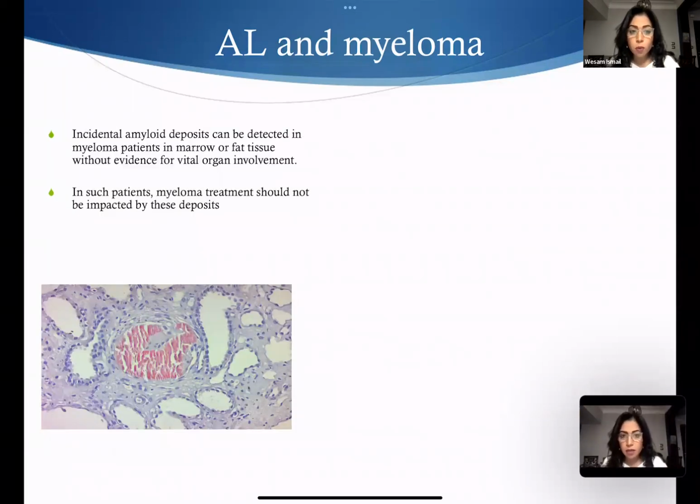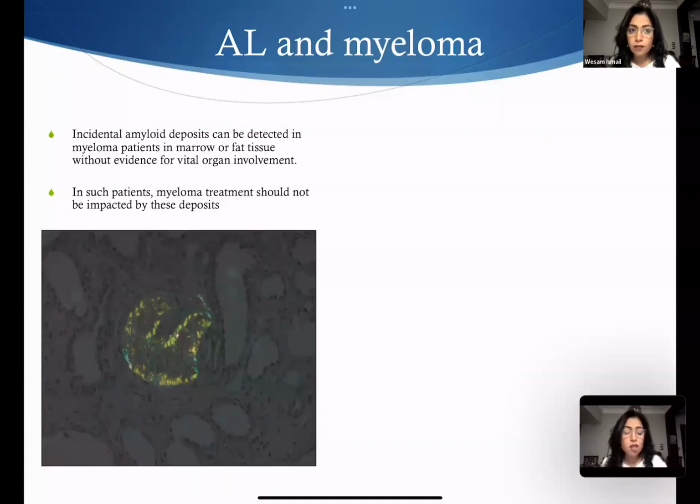The other important point is that not every amyloid deposit should be considered significant in a patient who is considered to have myeloma with a 10% clonal plasma cell infiltrate, because incidental amyloid deposits can be detected in these myeloma patients, either in marrow or in the fat tissue, not related to vital organ involvement, for example, in perirenal fat. In such patients, myeloma treatment should not be impacted by these deposits.